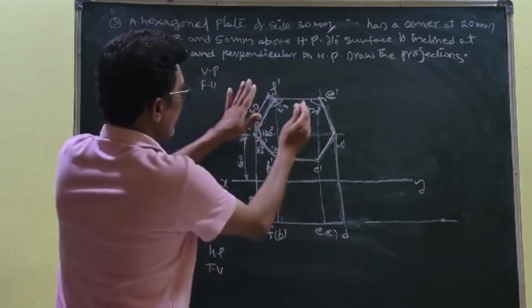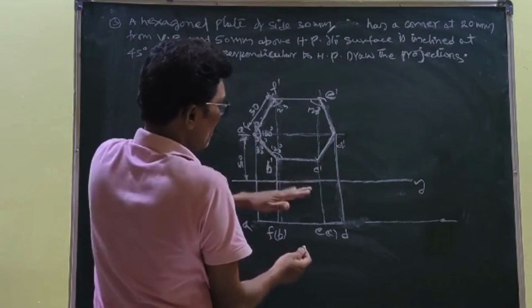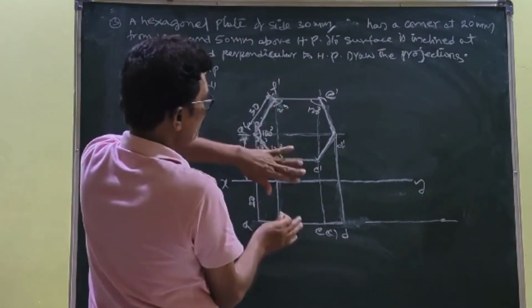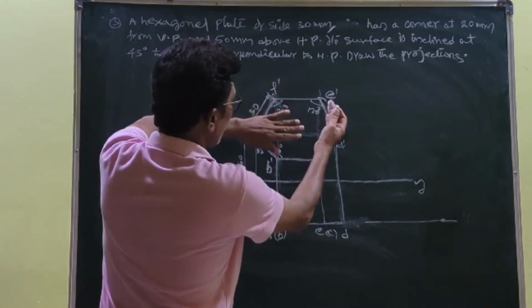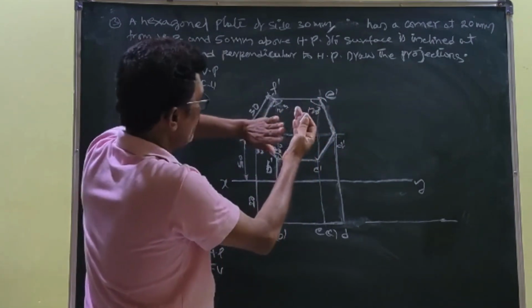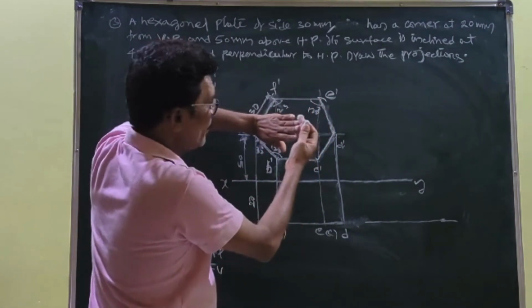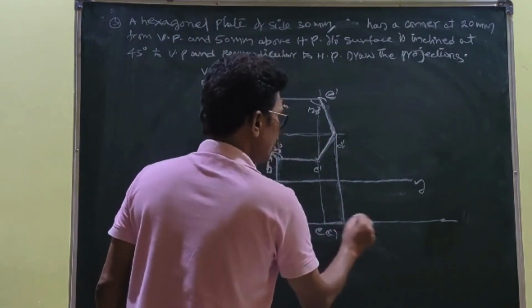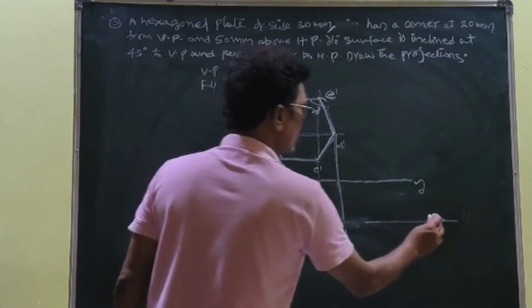What is it telling? This plane is perpendicular to HP, parallel to VP. Now this surface is making 45 degrees to VP. So therefore, here what you have to do, this distance doesn't matter. You can take it depending on your convenience.